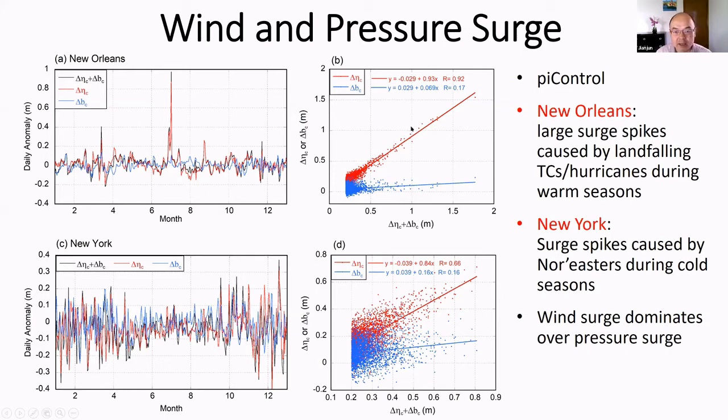The right two panels show the contribution of wind surge and pressure surge to the total surge. The horizontal axis is the total surge, and the vertical axis is the wind surge, the dynamic sea level, or the pressure surge, the inverse barometer effect. Basically, you see the wind surge dominates at the two locations.